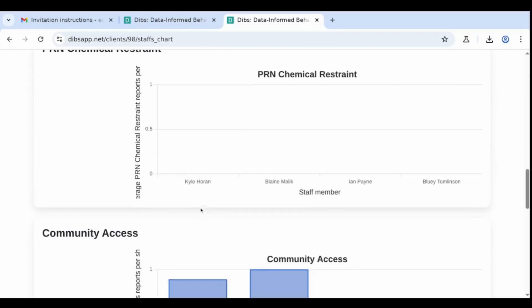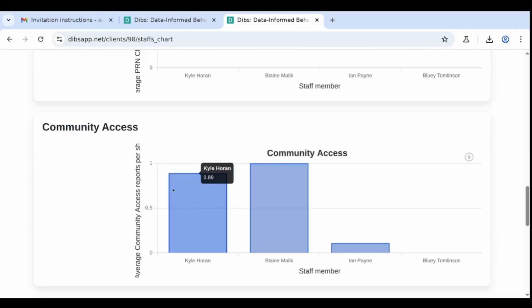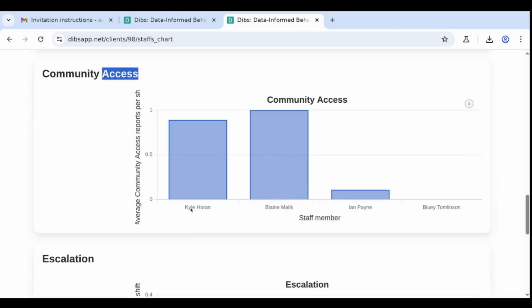Now, from there, we're going to go into reports on the individual forms. Here we have community access. This is helpful. This is telling me for each shift that Kyle Horan does with Gary Stiles, how many community access reports is he completing?